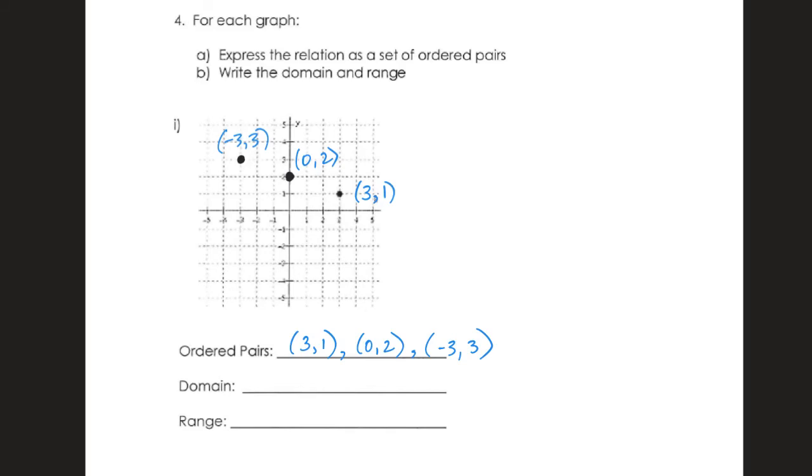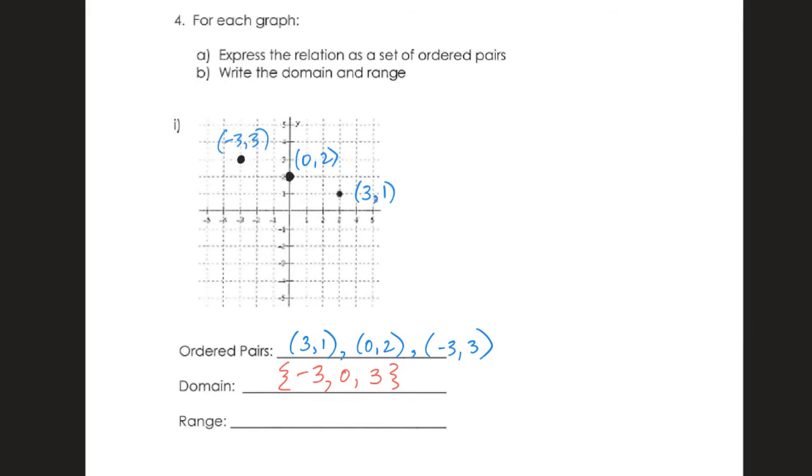Now, the only rub is that when you have to list domain and range, if we do not list our points first in order, left to right, then for the domain it's going to take us a little bit to do it. So now we need to put down our brace bracket, and we need to make sure that your x values are in increasing order. You now examine your range.